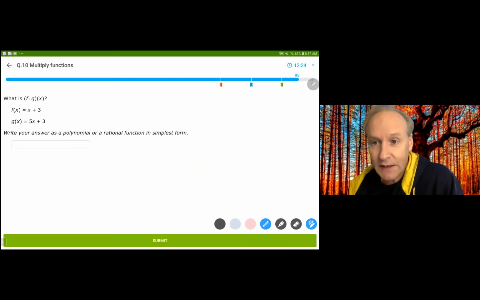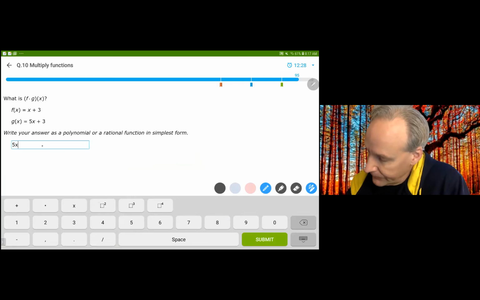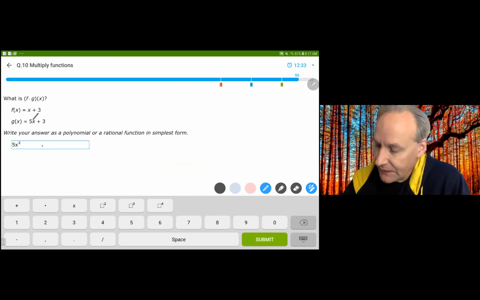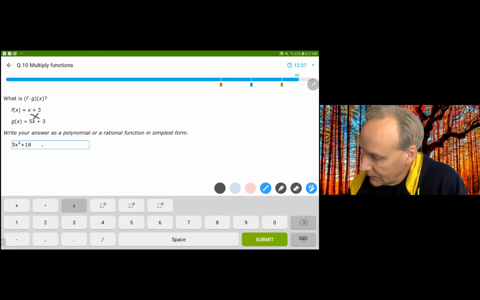Can you do it in your head? We get 5x squared. We need to make sure we multiply our middle terms. We've got 15x and 3x, which is 18x. And then we get a plus 9, don't we?